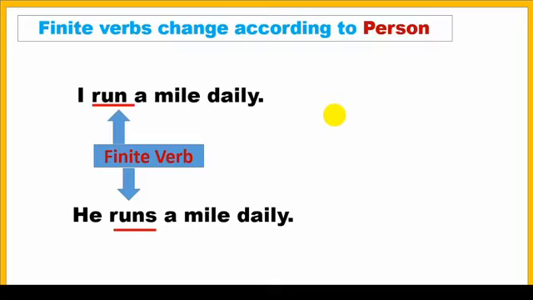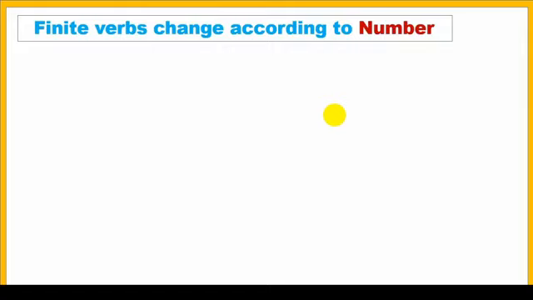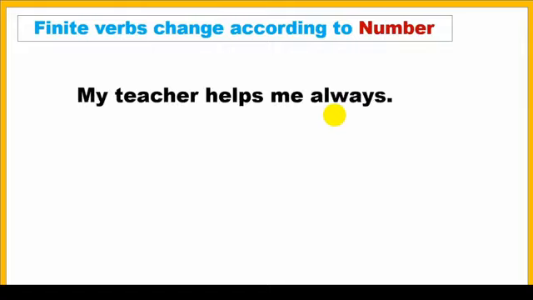Now that you are clear how finite verbs change as per person, dear students, finite verbs change according to number also. Look at the sentence: my teacher helps me always. Here my teacher is the subject and it is in singular form, and helps is the verb. Look at the another sentence.